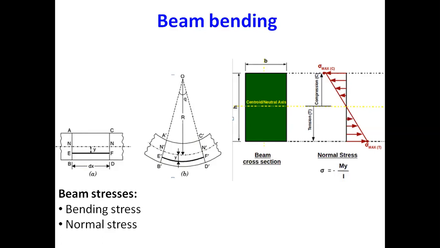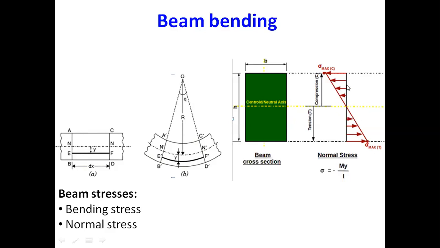It is not necessary that they coincide each other. It depends upon the cross section of the beam. Sometimes we would have different cross section beams, so the neutral axis would be offset from the centroid or axis of the beam. Here in this case, both of them are coinciding because we have a symmetrical cross section. So this is the neutral axis.